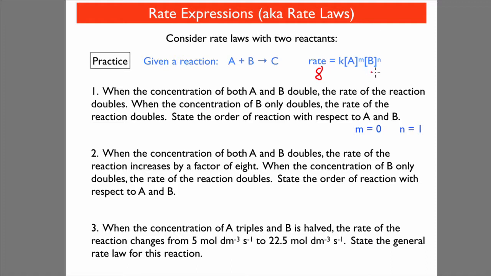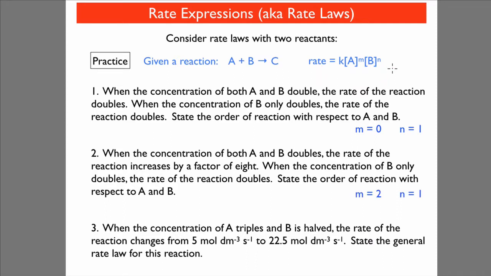So that was doubled, it'd be 1. And it says both are doubled there, doesn't it? So it's going to be 2. So what would we need to put here to get an answer of 8? Well, it would be 2 times 4 is 8. And 2 squared gives us 4, doesn't it? So 2 squared multiplied by 2 gives us 8. So it's going to be M equals 2, N equals 1.